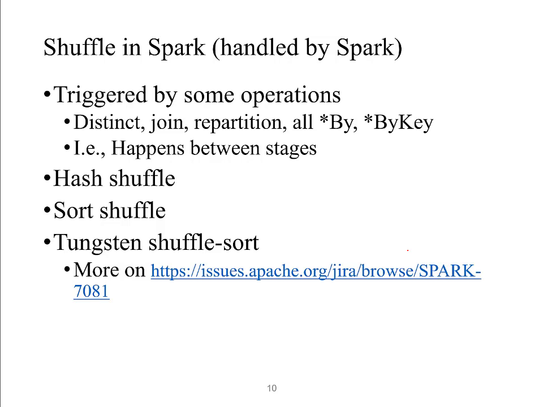But here in Spark, shuffle is triggered by operations. These operations include distinct, join, repartition, or all the by operations, like repartitionBy, or those by key operations, like reduceByKey or groupByKey, which we will discuss in detail later.